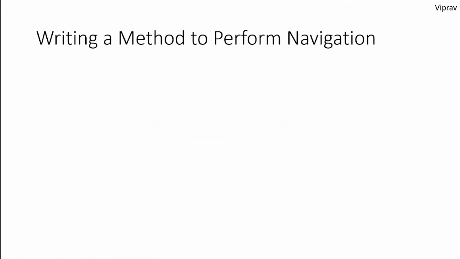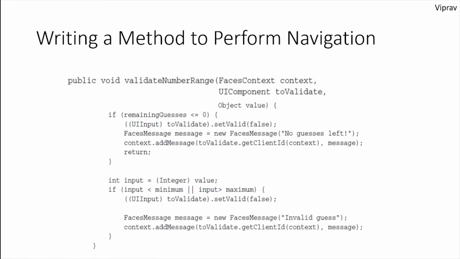Then there's writing a method to perform validation. In this block of code, you can see that instead of implementing the javax.faces.validator, you can create a method in a managed bean that takes care of the validation of the component for you. This validation performs 2 different validations. If the user runs out of guesses, you can see over here that if remaining guesses is less than or equal to 0, the method sets the valid property of the UI input component to false.